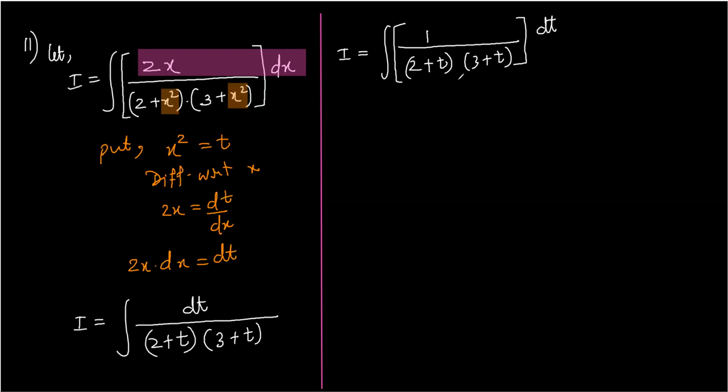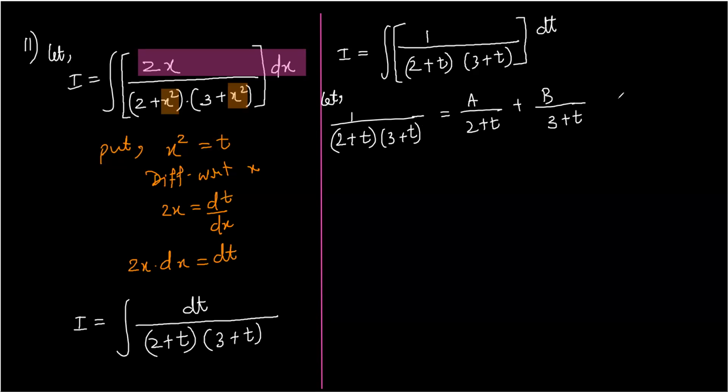Okay, after this, you know the technique. There is a faster method here. That faster method I will tell you, but before that, for those who are following the actual technique, you write 1 upon (2 plus t) into (3 plus t) equals a upon 2 plus t plus b upon 3 plus t.